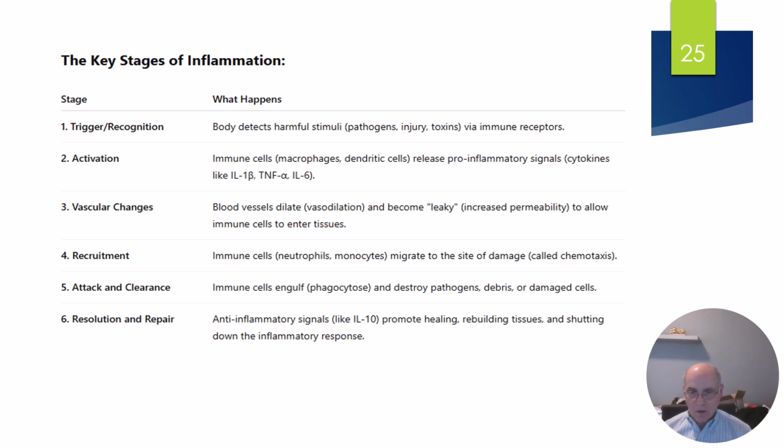There's going to be vascular changes or increased permeability, which I talked about, permeability in the very small blood vessels. There's going to be recruitment of various types of cells that are going to go to the area of damage. And it's going to be the job of macrophages to destroy and clean up the area and get this information into the lymph nodes so it can be really gotten rid of.